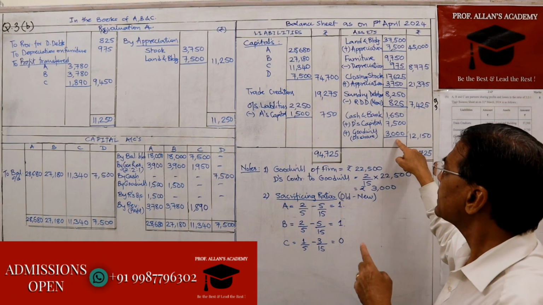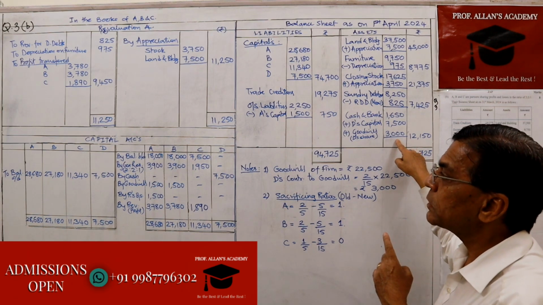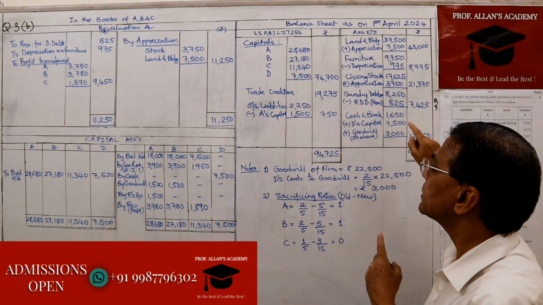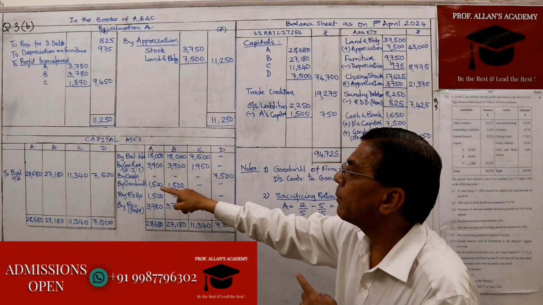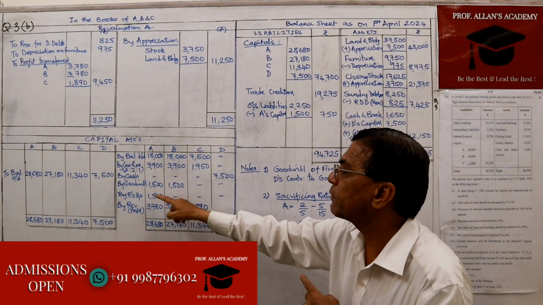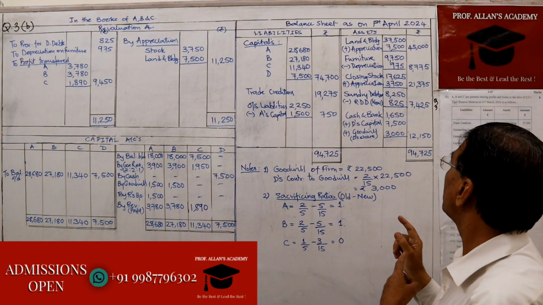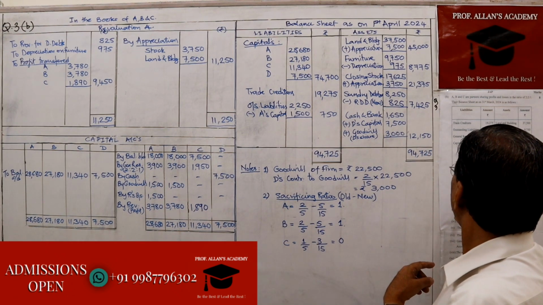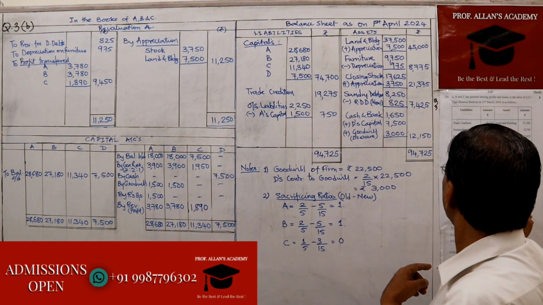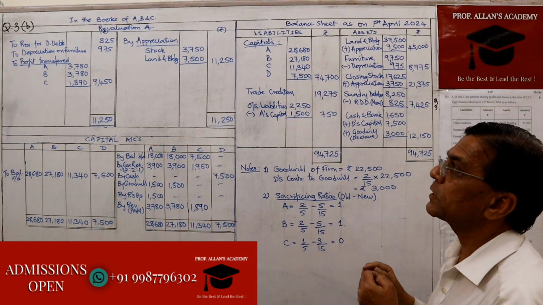The goodwill as computed was 3,000, and this goodwill that he brings in cash will be shared amongst the partners who have made the sacrifice, that is A and B, 1,500 each.